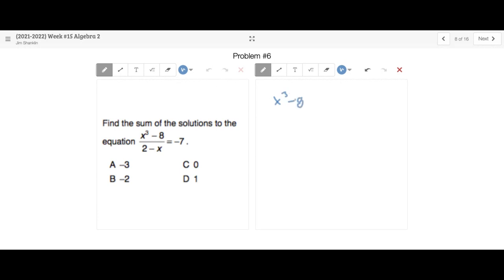I know I could factor this because it's a difference of cubes, but I'm just going to multiply through and see what happens if I multiply through by 2 minus x. So that's going to cross out. I'm left with x to the 3rd minus 8 is equal to negative 14 plus 7x. Oh, this one's going to be way harder than I thought. I'm not so sure I would do it that way.